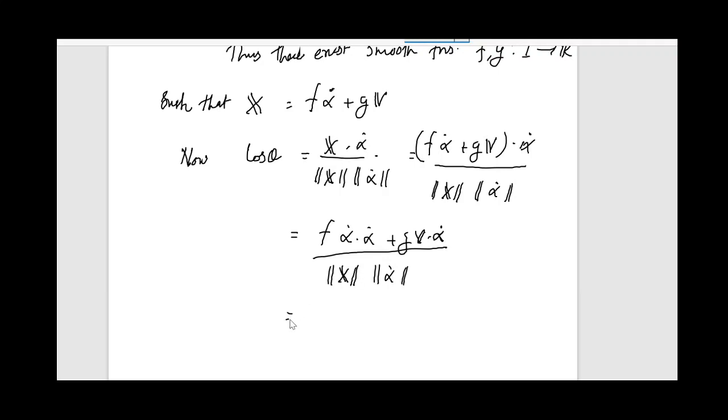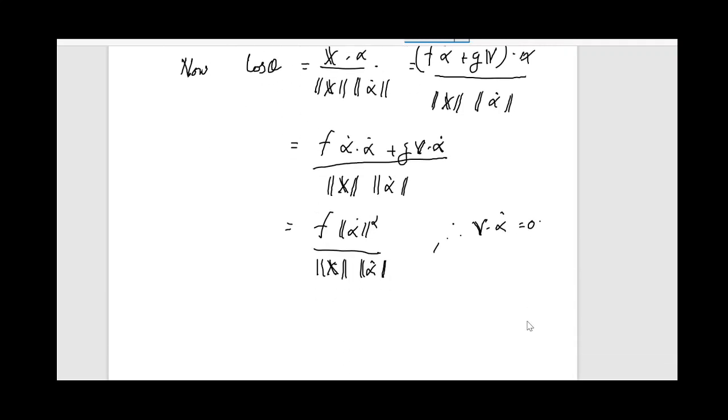This can be written as f into norm of alpha dot square, and the other quantity becomes 0 since v dot alpha dot is equal to 0. So we get f into norm of alpha dot square by norm of x into norm of alpha dot.